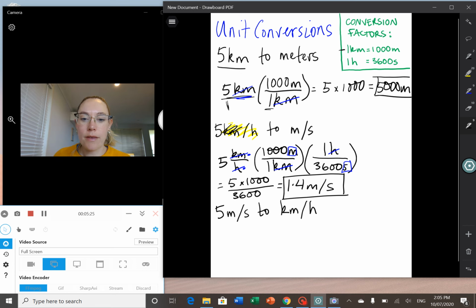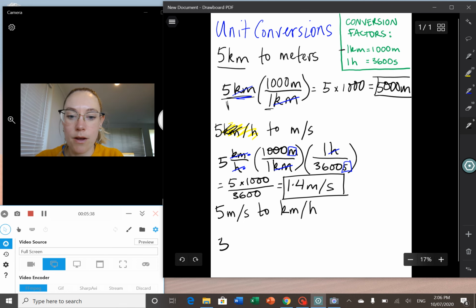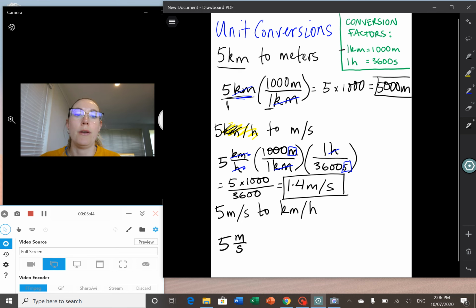And the last example, we're doing the reverse conversion from 5 metres per second into kilometres per hour. We're applying the exact same logic to this question. We start off by writing out the unit that we started with, or that we were given, so 5 metres per second. I'm writing it out as a fraction to help me decide where my conversion factors are going to go.